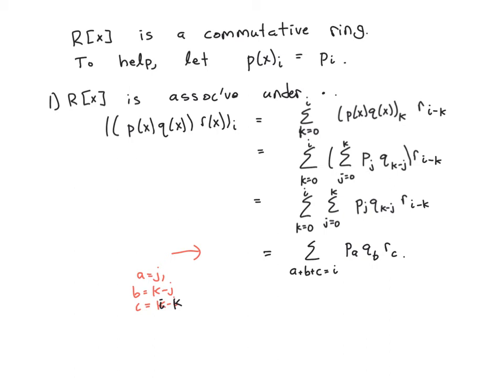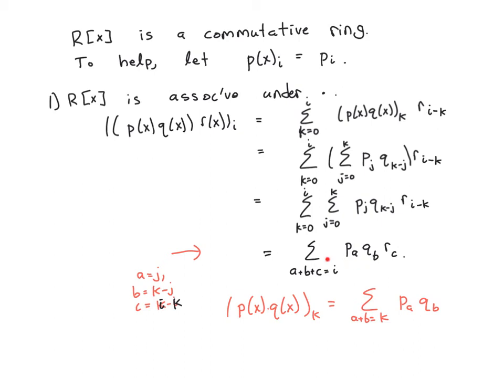So this is something that is worth pointing out. An alternative definition to this product formula is this one. Summation over all ways to write k as a sum of two non-negative integers, p sub a, q sub b.